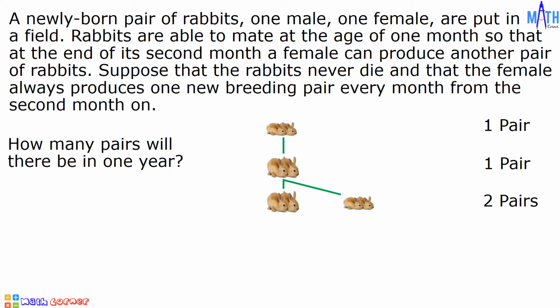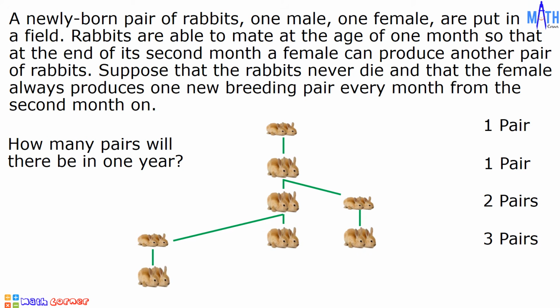At the end of the third month, the newly born pair are able to mate, and the original pair produces another pair of rabbits. And now we have a total of 3 pairs. At the end of the fourth month, the newly born pair of rabbits are able to mate, and the pair of rabbits born 2 months ago produces their first pair.